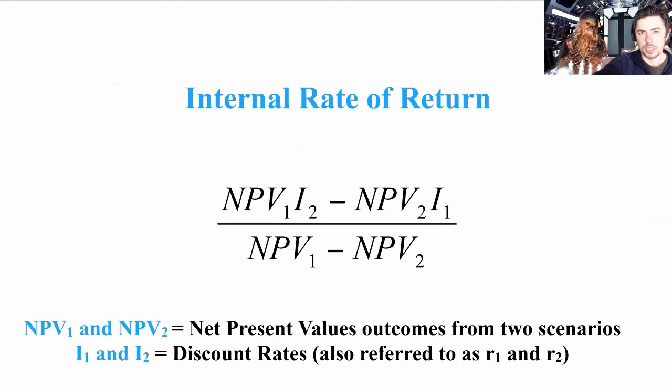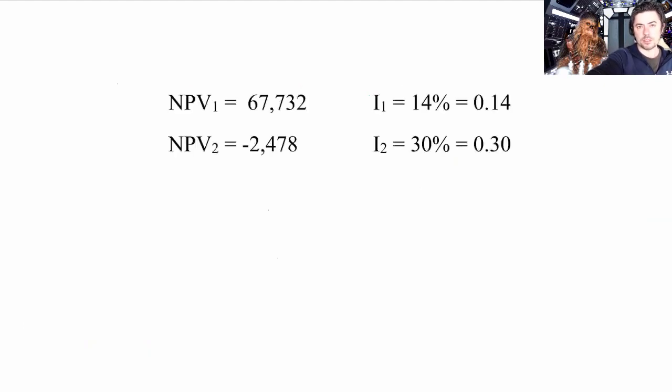Right. Here's your formula. Again, we've seen this already. We want to find out what our two values are for the net present value and also the discount rates. And here's the summary of it. So in our first calculation, we got a positive 67,732 at 14%, and we were given the negative 2478 at 30%. Please don't calculate that, it's given to you already.